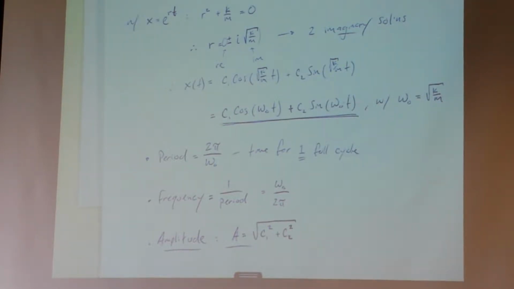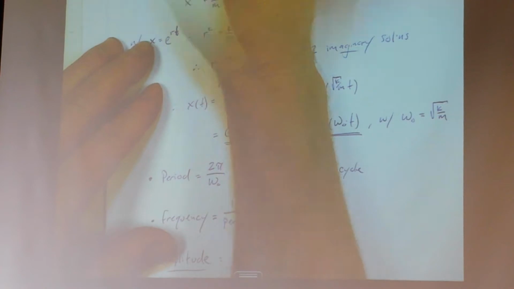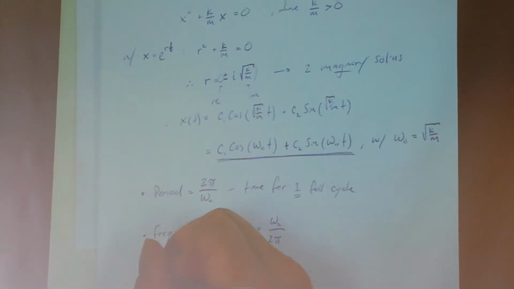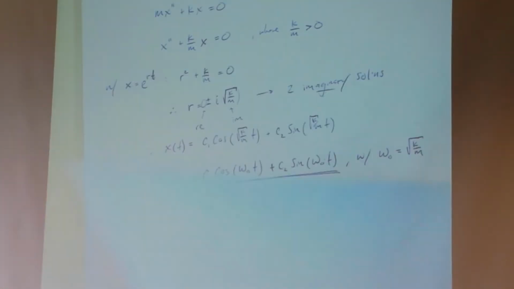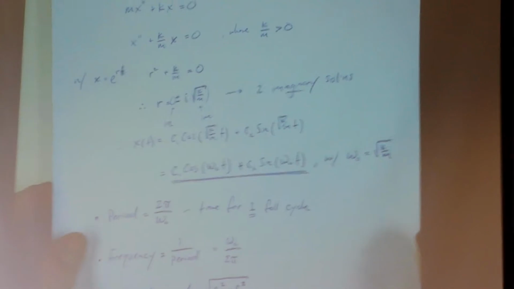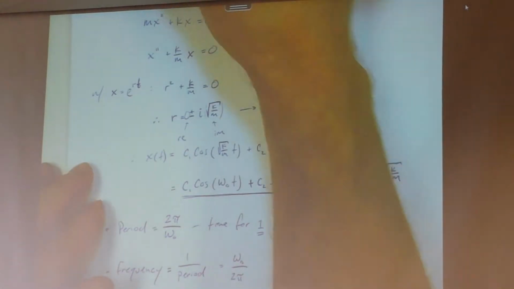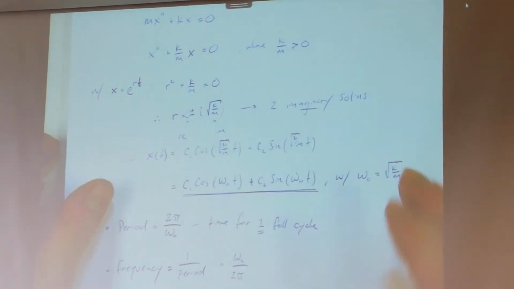So we have some other situations to talk about. We just talked about case one, undamped motion. That's if we ditch the dashpot altogether. Now we're going to consider the damping force.